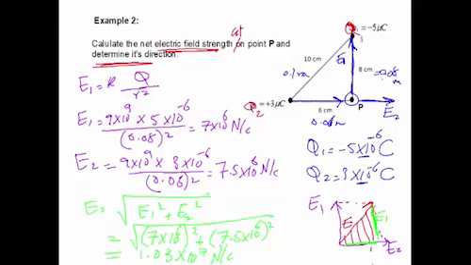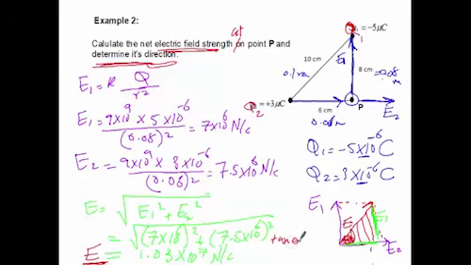Now we got the value for E total, or net E, or resultant E. How do we get the direction? Again, we are going to apply tan theta.